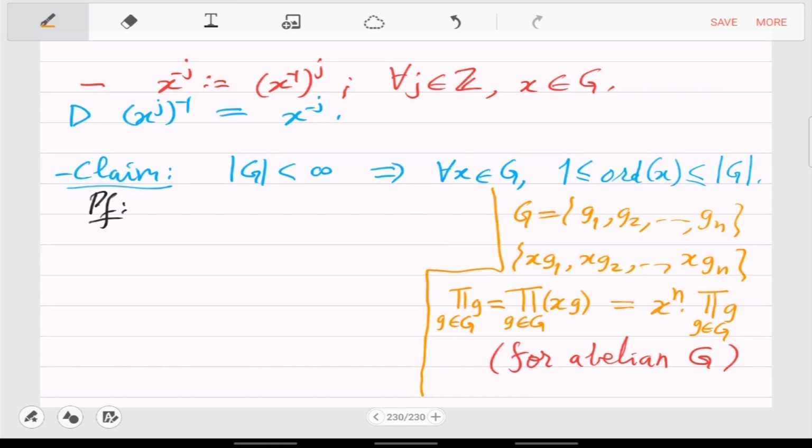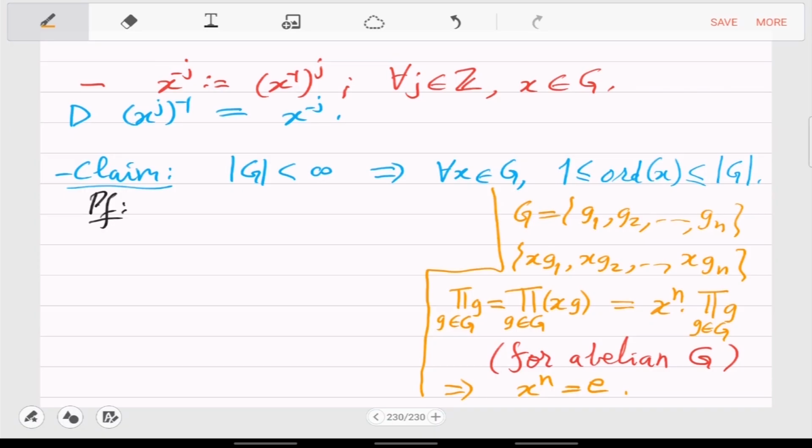So which means that you have deduced x to the n is 1, is E. Okay, so for an abelian group G, this is the proof that actually you saw in Fermat's little theorem and then Euler's theorem also. Okay, that proof actually comes from here. This is the more abstract proof.